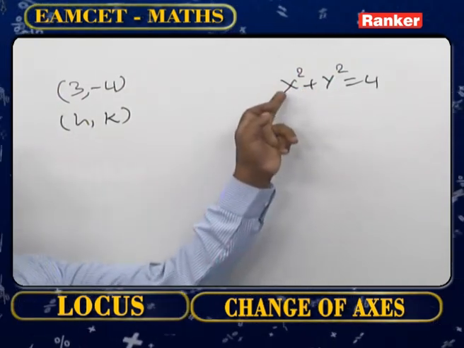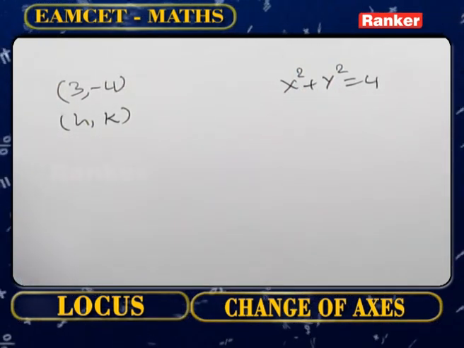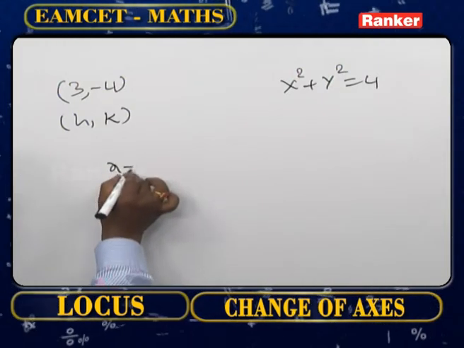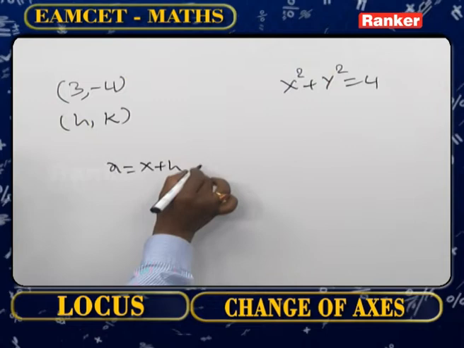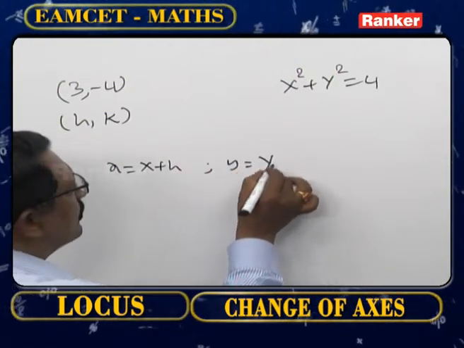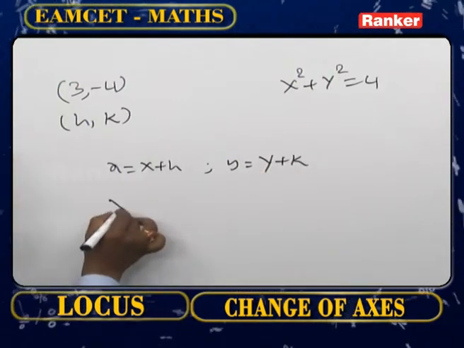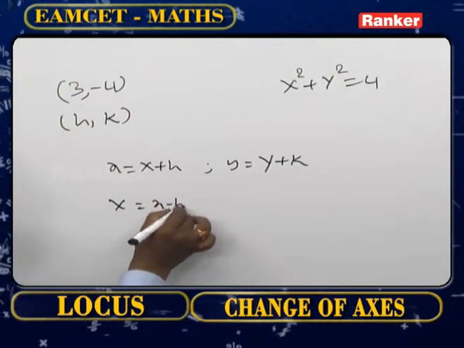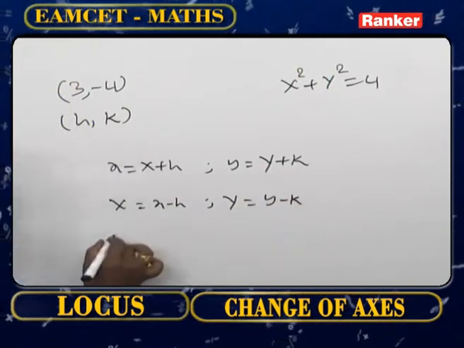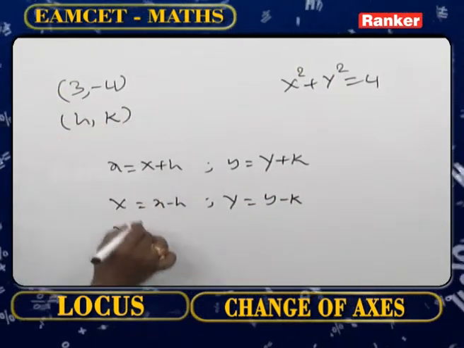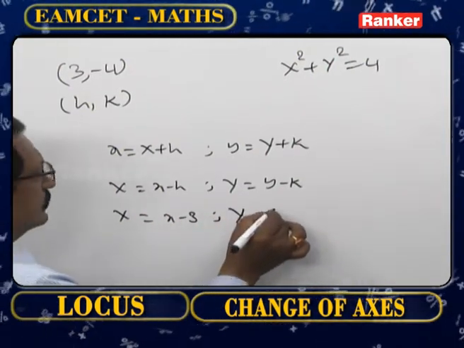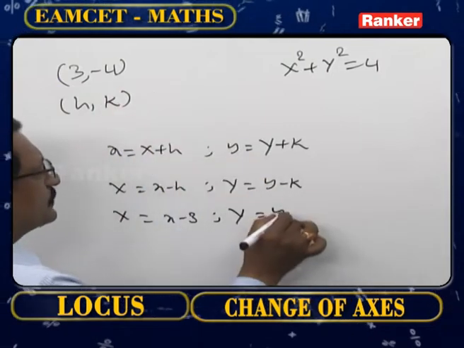We know x equals X plus h, y equals Y plus k. Therefore X equals x minus h, Y equals y minus k. Then X equals x minus 3, Y equals y plus 4.